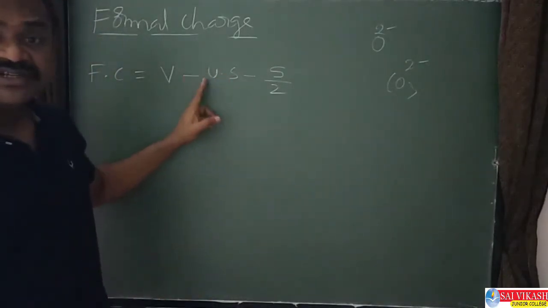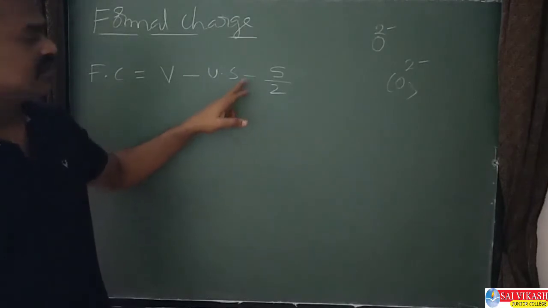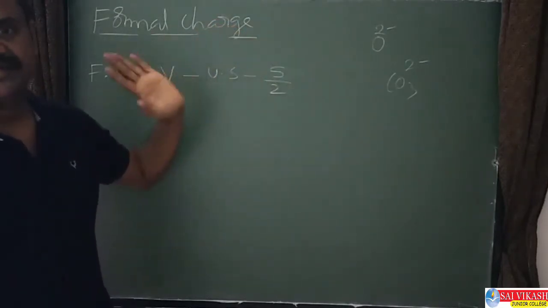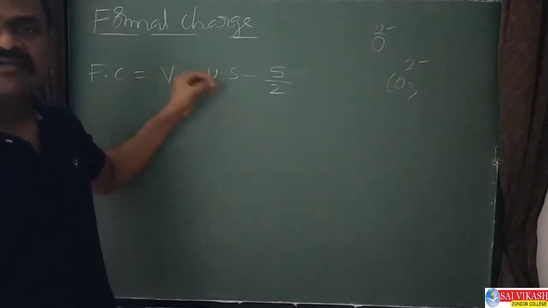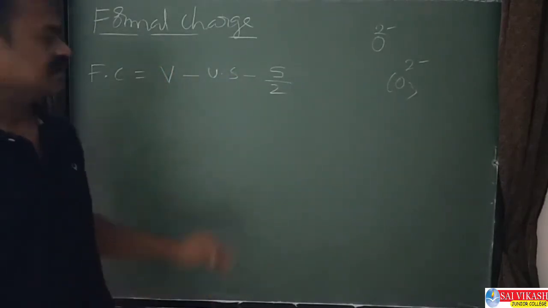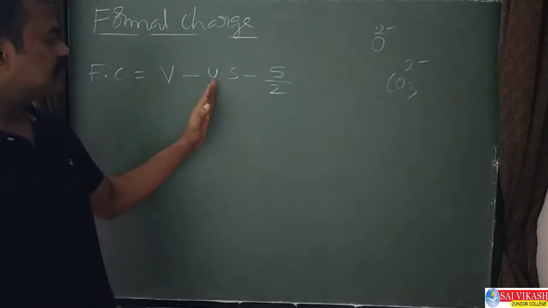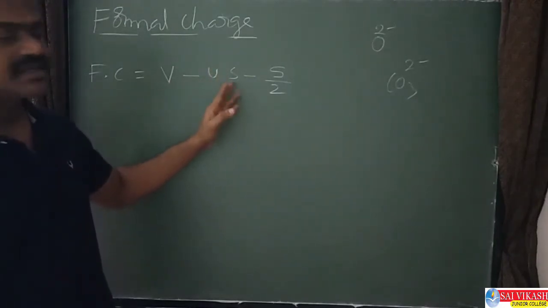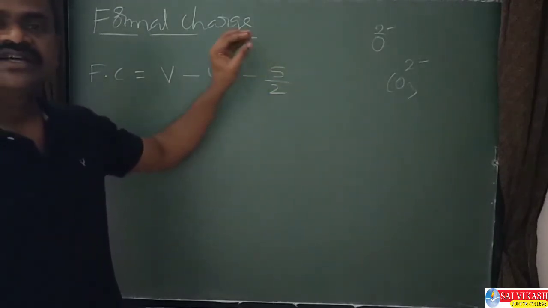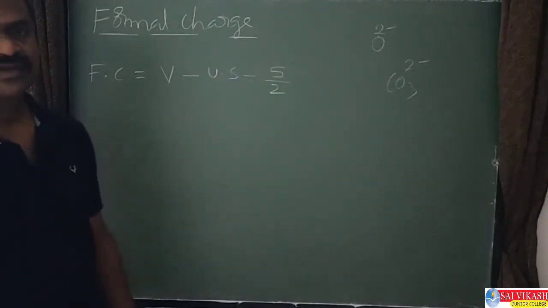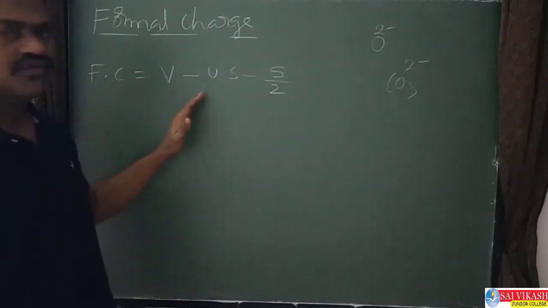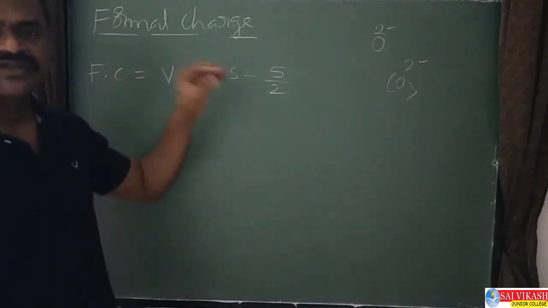US means unshared electrons, and S means shared electrons, divided by 2. Unshared are the number of unpaired. So V minus number of unshared electrons minus number of shared electrons by 2. This is the formula to find the formal charge of an individual atom.